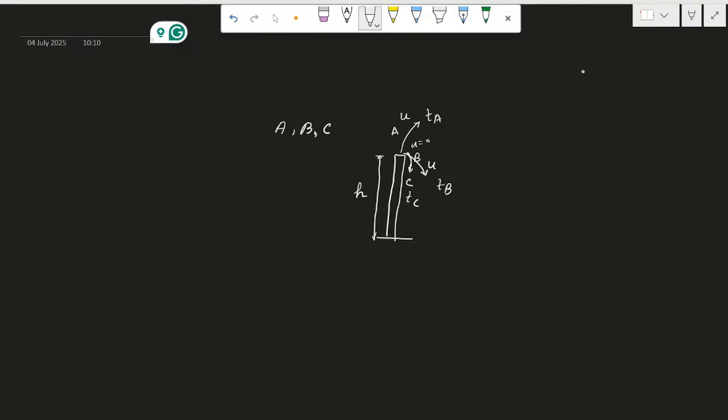Now, if we consider the motion of object A, if it is projected upward, we can consider its velocity to be positive in the upward direction, but eventually it comes down to the ground, covering that h distance.